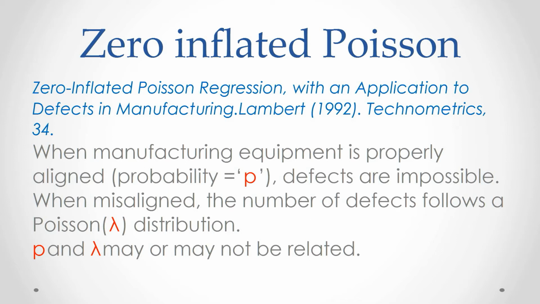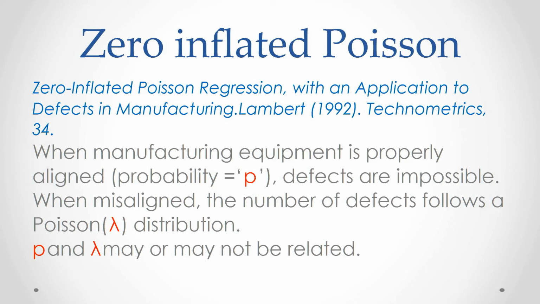The example considered by Lambert is motivated by looking at manufacturing equipment. Now, when a set of manufacturing equipment is properly aligned, say this is done with probability p, the chance of defects is virtually zero. However, when the manufacturing equipment is not aligned, the number of defects can be assumed to follow a Poisson distribution with parameter, say, lambda.